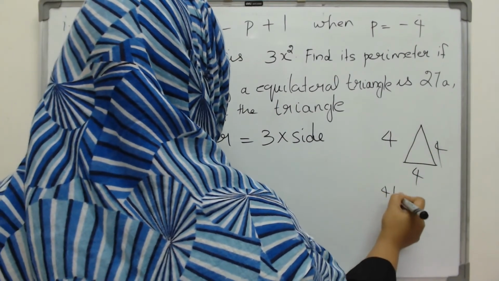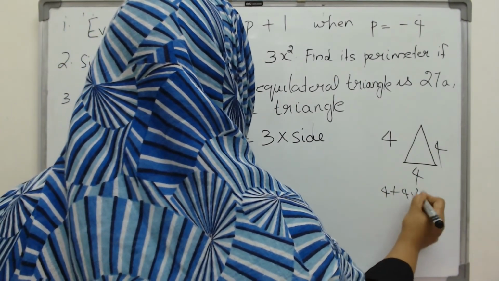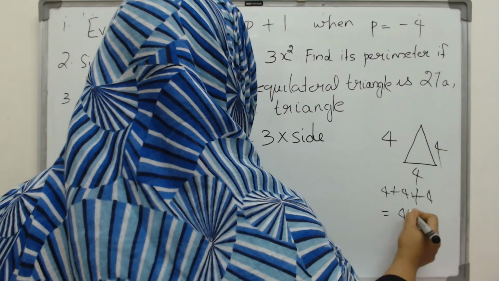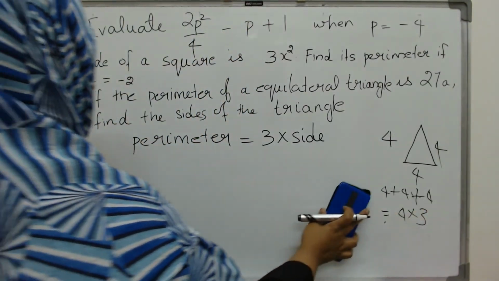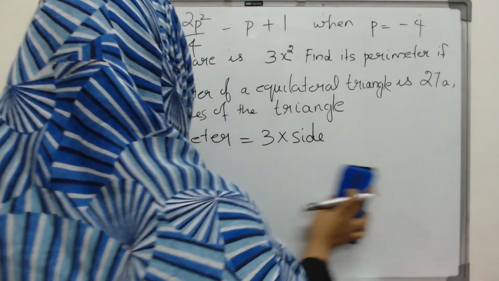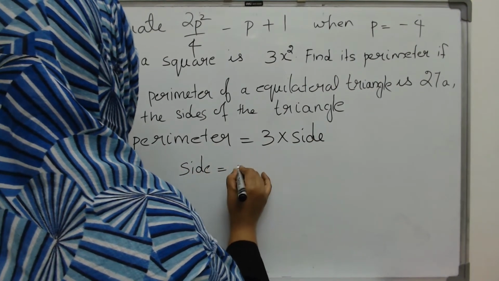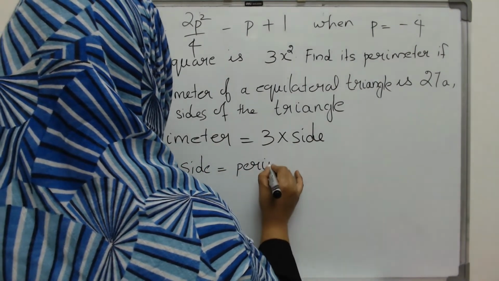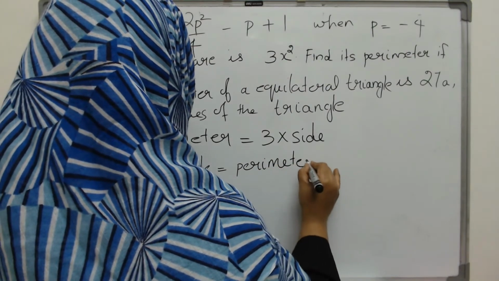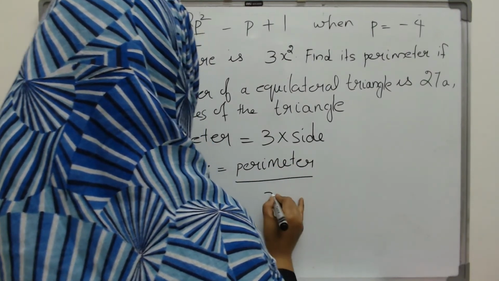be 4 plus 4 plus 4, which would actually be 4 into 3. The perimeter is 3 into side. So the side would be what? By cross multiplying, this would be perimeter divided by 3. Right?